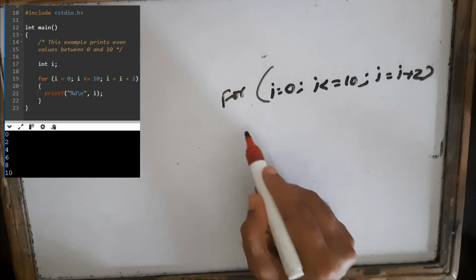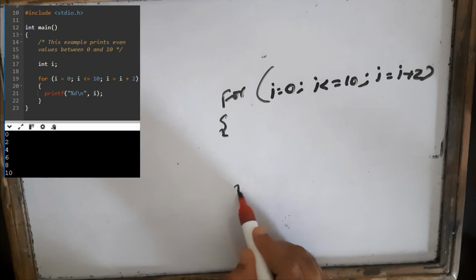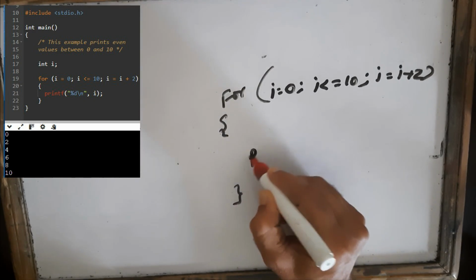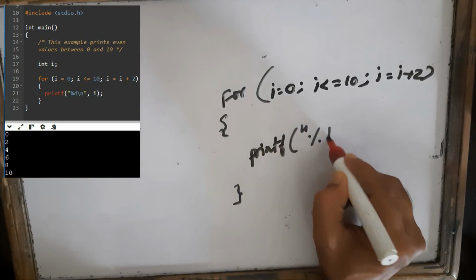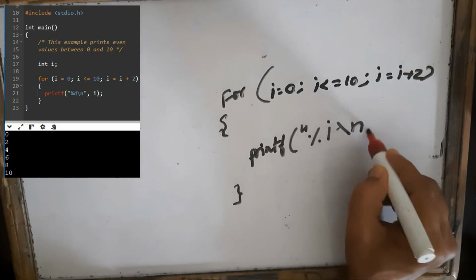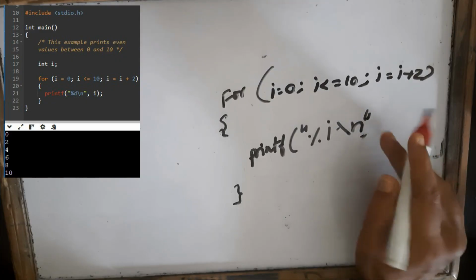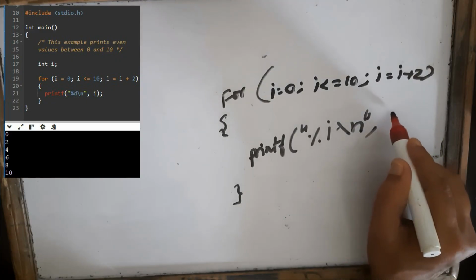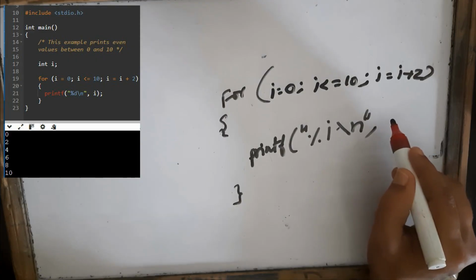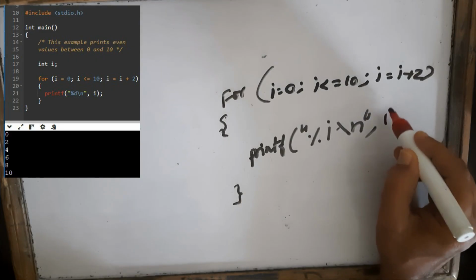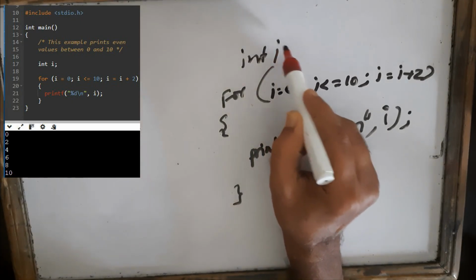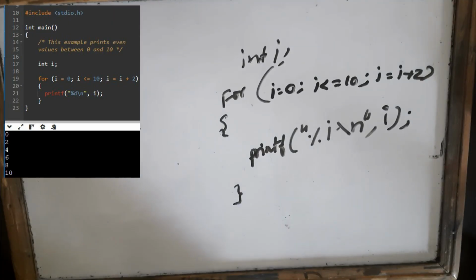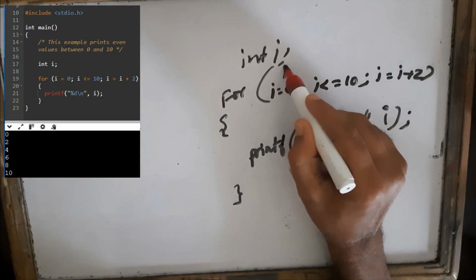This is the for loop. Here we declare int i.